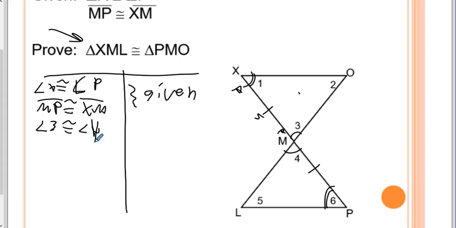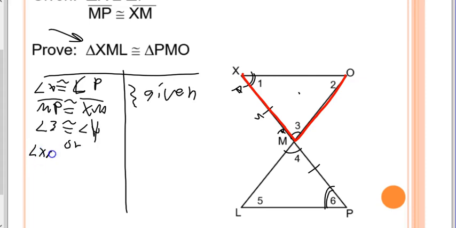If the numbers were not there, and they won't always be there, we'd actually have to name the angles with 3 letters. So let's see how we name angle 3. We'd have to call it XMO, or we could call it OMX. That doesn't matter. The order doesn't matter, except in the second one, we have to go in the same order. So let's say XMO. Now I'm going to put an OR here because there's choices on this one. This is just instruction.